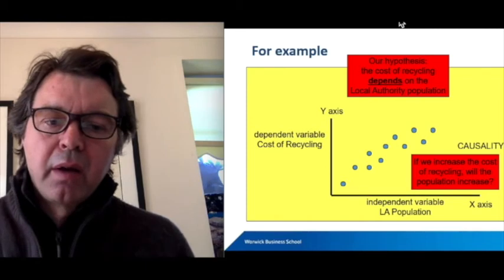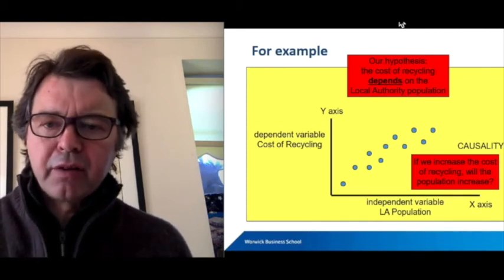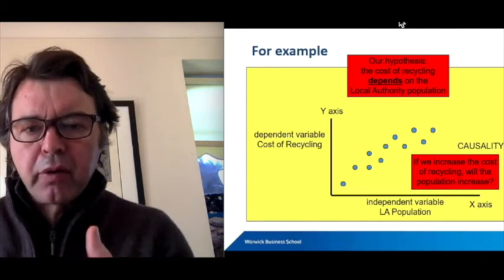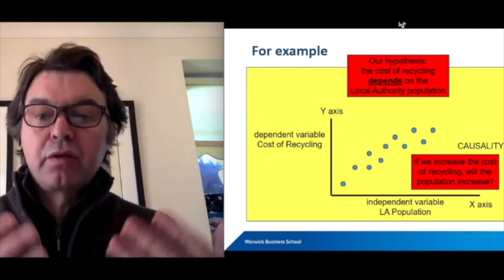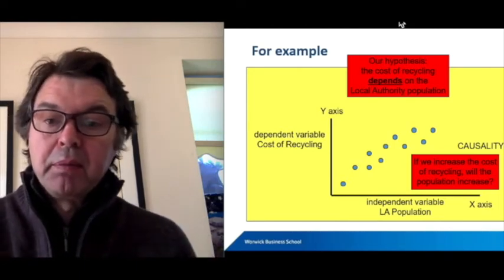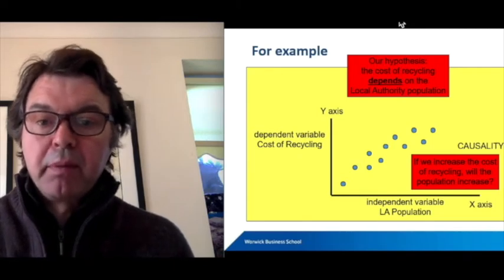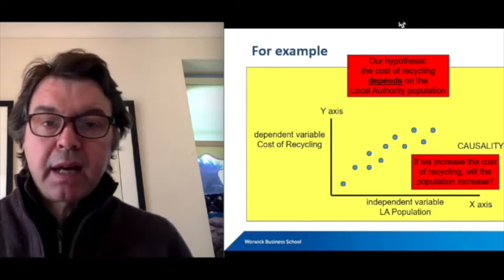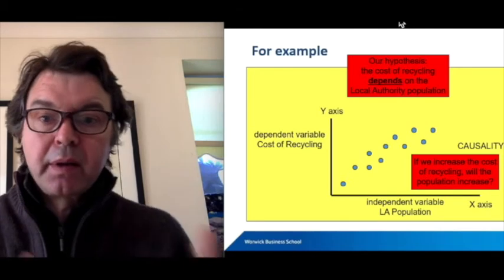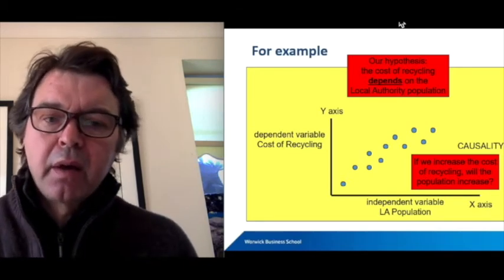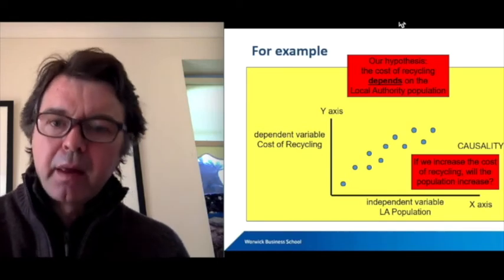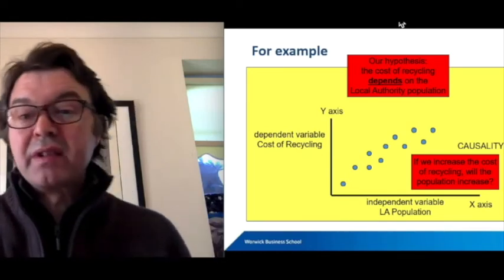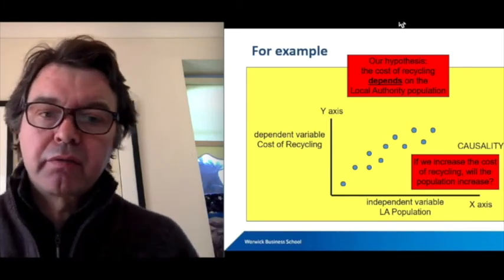Okay, so local authority population doesn't depend upon the cost of recycling. If the cost of recycling goes up, people don't have more children, or people don't go, "Ooh, look, the cost of recycling has gone up. Let's go and live there." Okay, so cost of recycling depends upon population, but population doesn't depend upon cost of recycling.